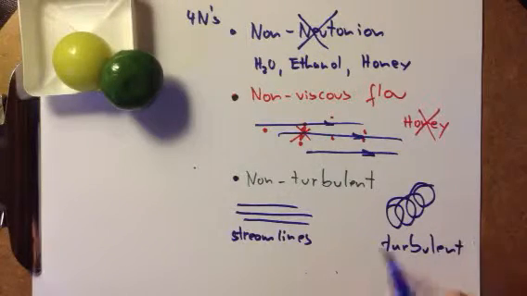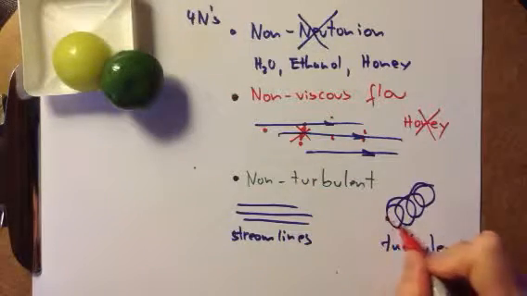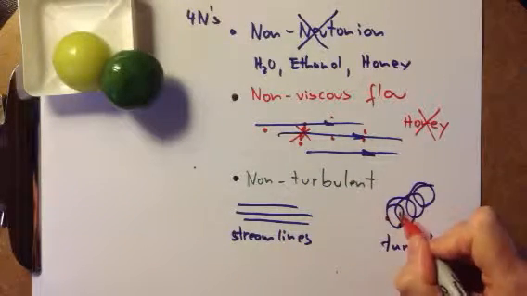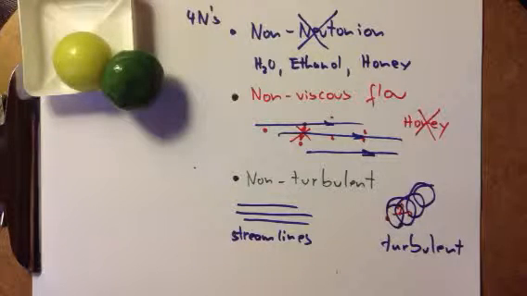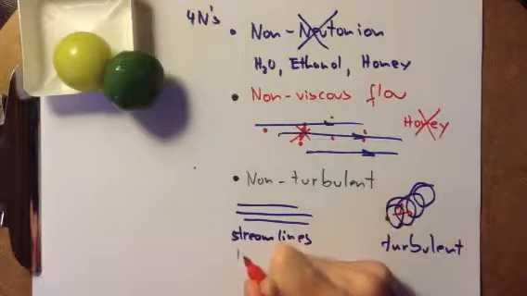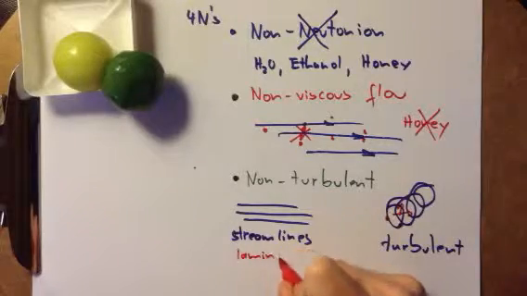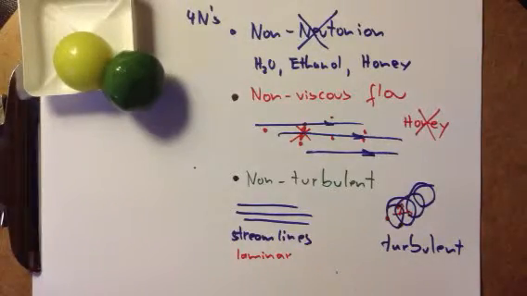In this case, the particle path, the path of these little molecules, cross each other. That's what we don't want. That's also a very interesting phenomenon, and in fact it's quite important in many aspects of our life and in technology, like in flight, for example. But in order to apply Bernoulli's equation, we want laminar flow, not turbulent flow.